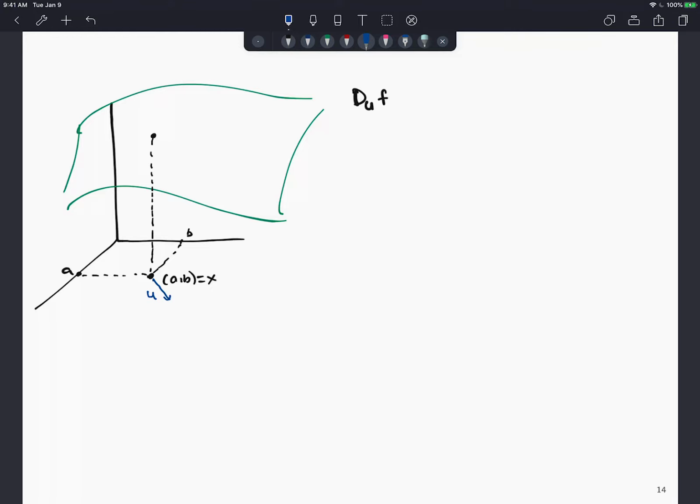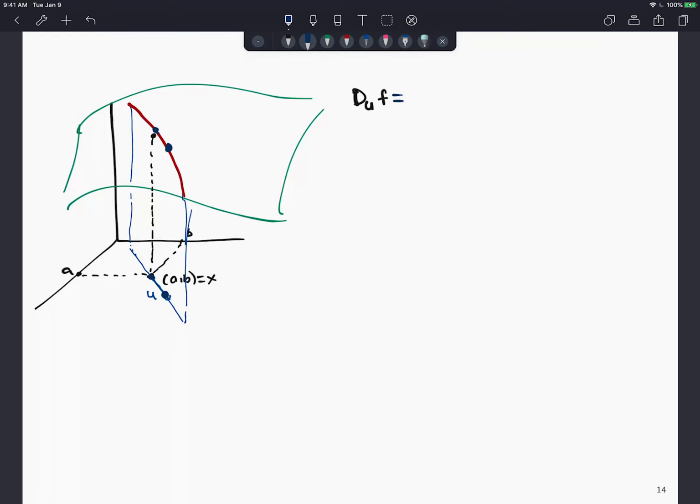I'm interested in a plane in the direction of u up here, and you're going to see a curve somehow like that. I'm trying to measure here. So I'm going to find the point x and the point x plus t times u, evaluate up here, subtract, and find a difference quotient.